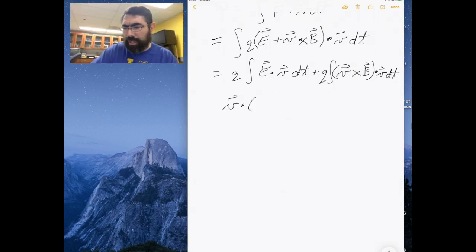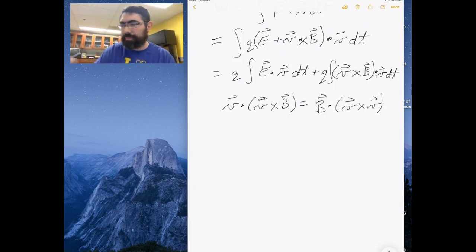So v dot v crossed B, I can rewrite with the vector identity as B dotted into v crossed v. And any vector crossed into itself is equal to 0. So that's good. So the second integral disappears, and what I'm left with is the work is q E dot v dt.